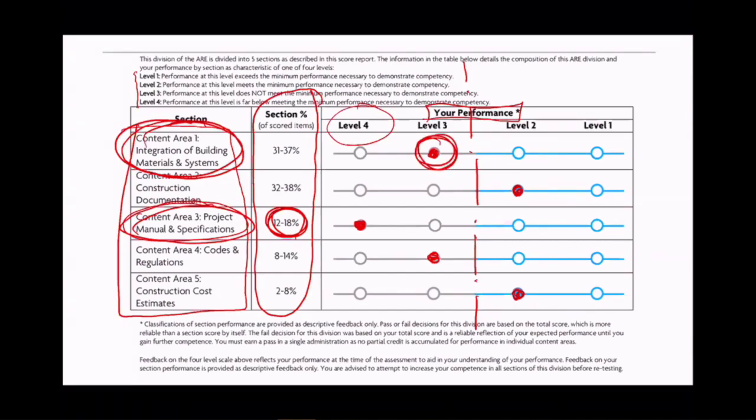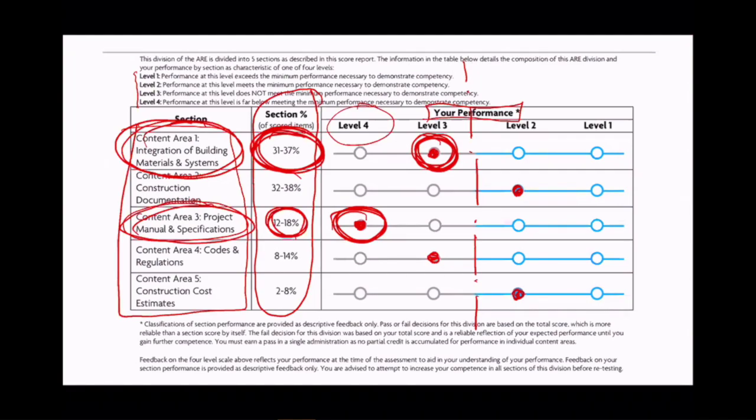You got a level 3 there, but a full third of the exam is from content area 1. So if every question is worth 1 point, it may be worth studying content area 1 to get that higher, because it's worth more on the exam than content area 3, even though you did worse on it. Is that confusing? No, I don't think so. I think you probably get it.